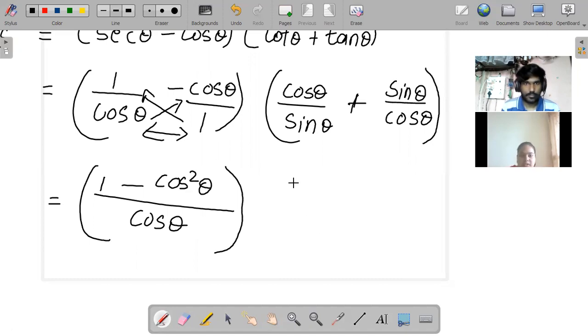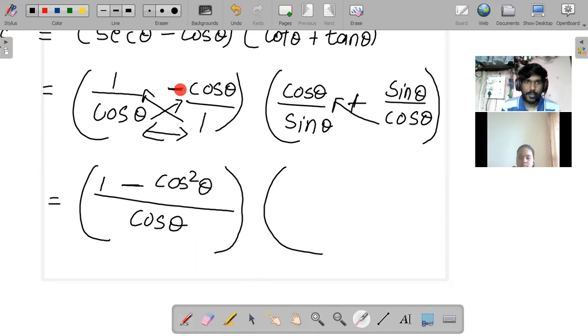Same thing in the second one, cross multiplication. This minus is as it is. Don't look at the minus sign. So we are doing 1 into 1, not 1 into minus 1.